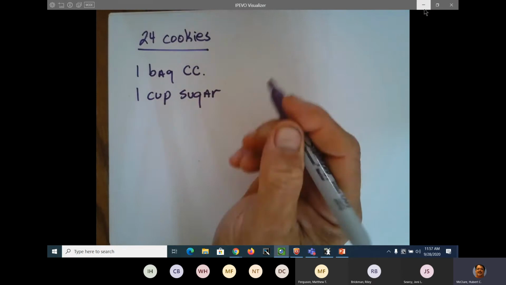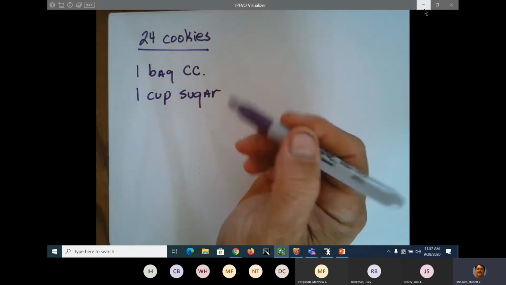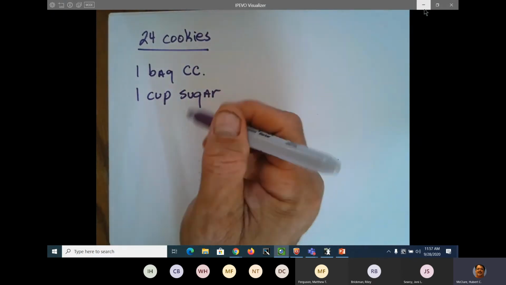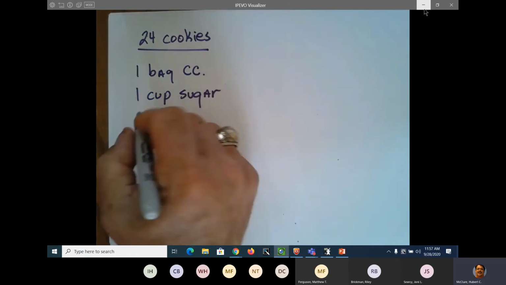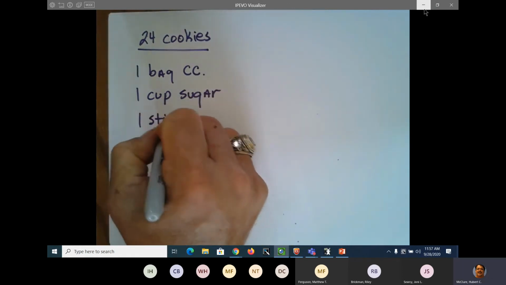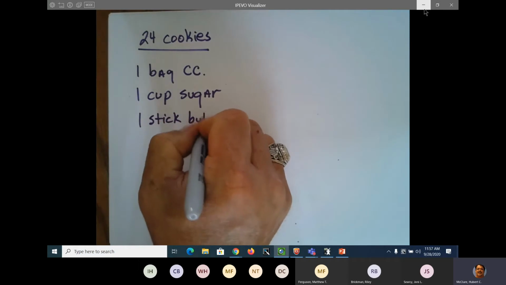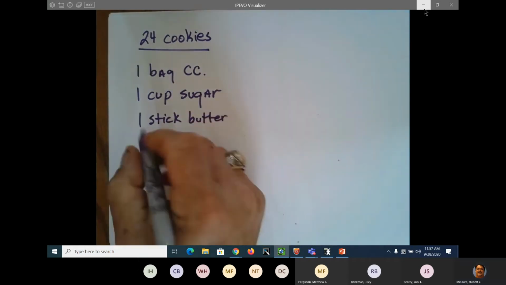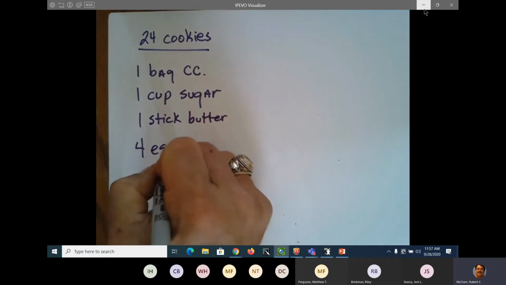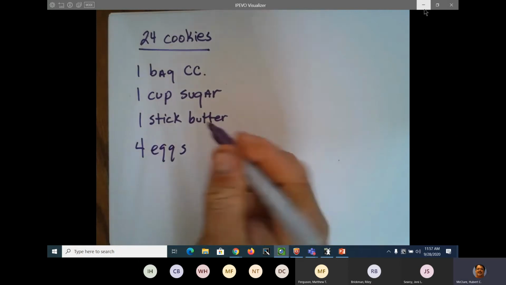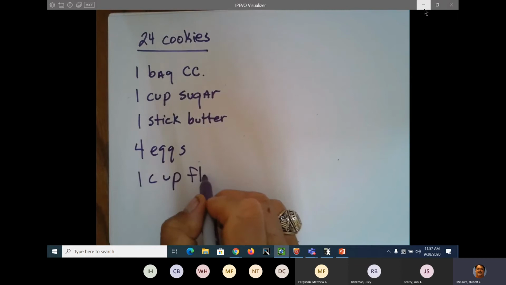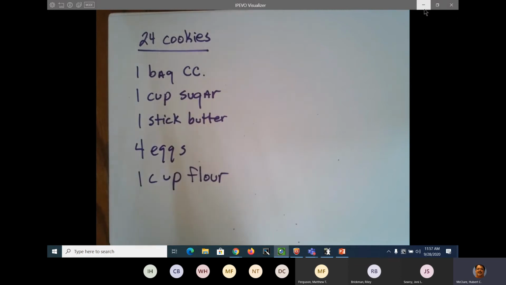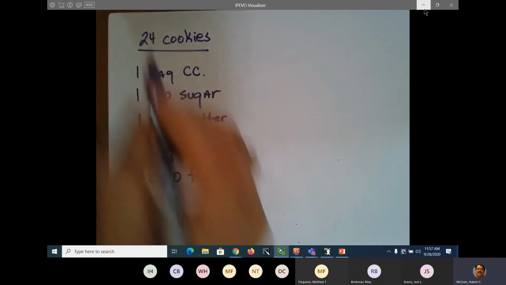Well, Hubert, if you're going to have cookies, you need to have more than 1 cup of sugar. This is an example, people. All right, 1 cup of sugar, 1 stick of butter, 4 eggs, and 1 cup of flour. Okay, I made it pretty generic. There's my recipe. And it makes 24 cookies.